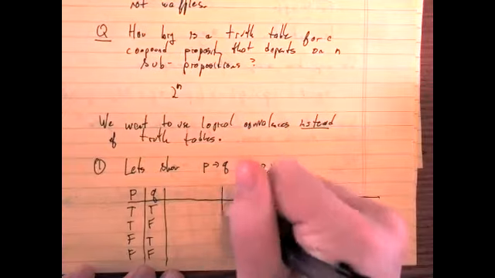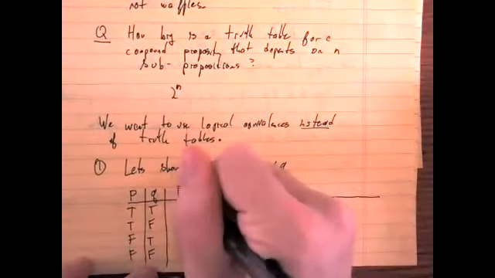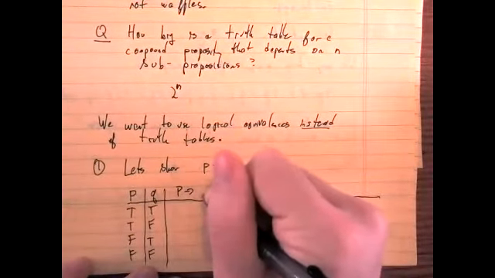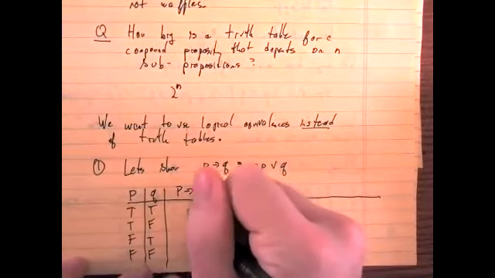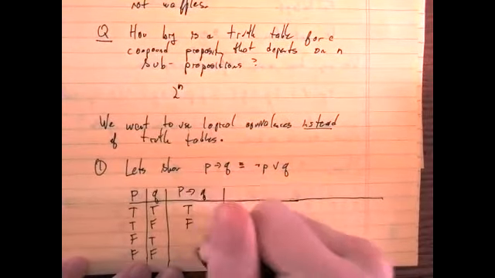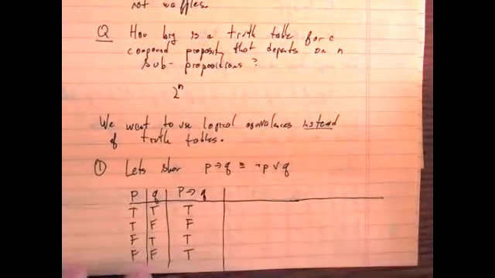And now I'll start writing, hopefully after y'all. P implies Q is the proposition that has truth values true, false, true, true.